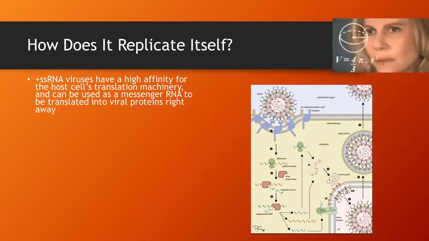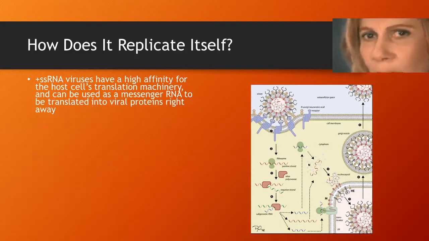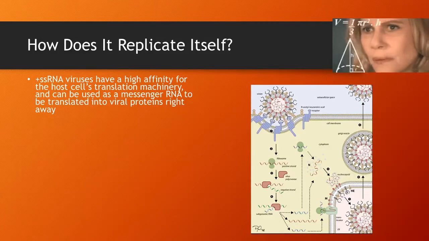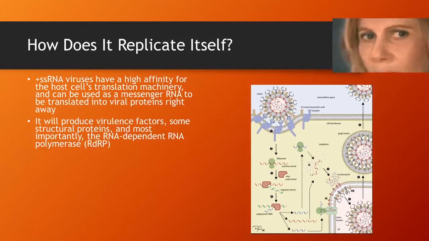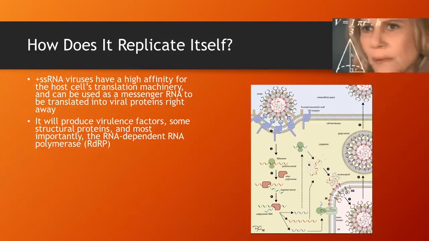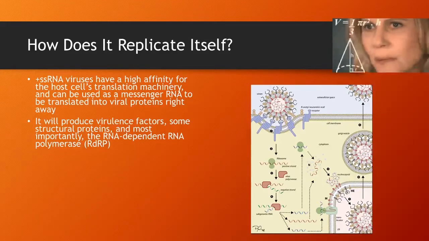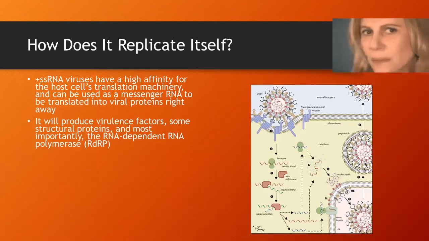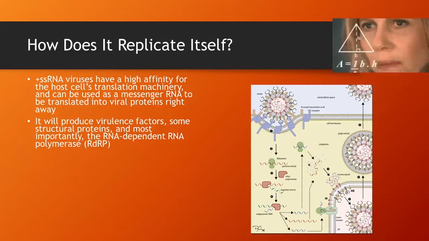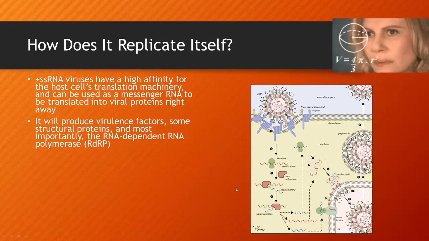So that's part of the reason viruses are so successful and so deadly. So it will produce virulence factors, which are a kind of protein I'm going to explain a bit more later, and some structural proteins, and most importantly, the RNA-dependent RNA polymerase, RDRP.